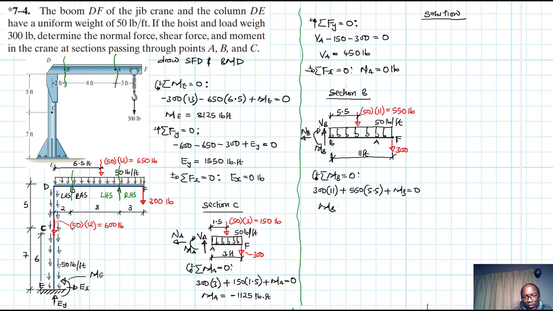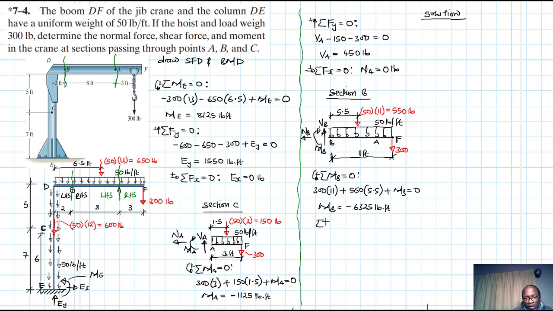Therefore, our MB will be equal to, let's find what this is, 300 by 11 plus 550 by 5.5. So this gives us a negative 63.25 pounds feet.